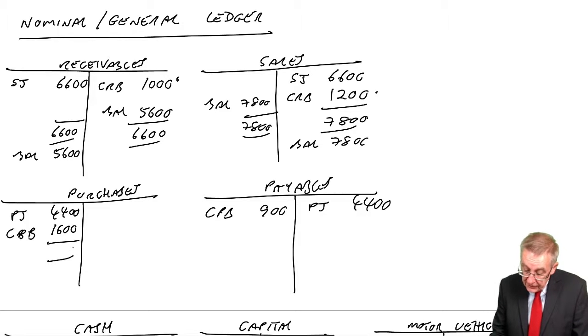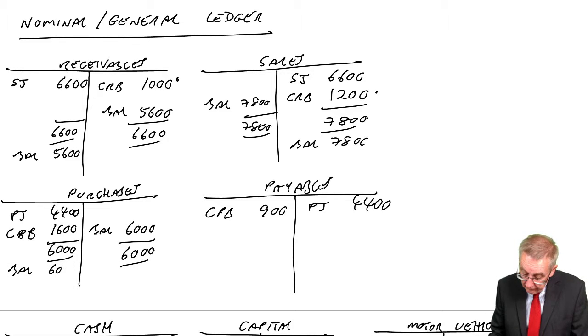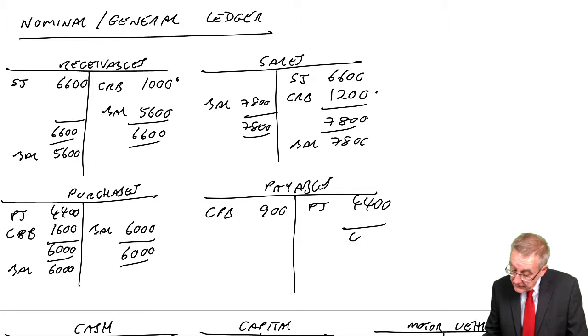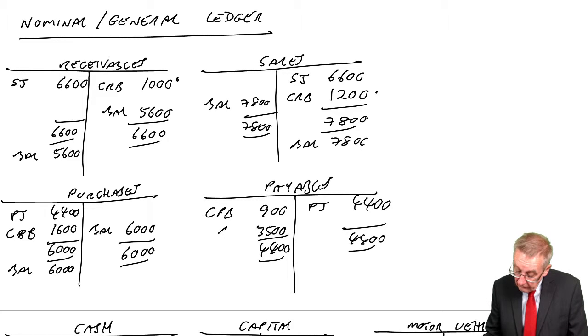The balance on purchases, $6,000. On payables, $3,500.